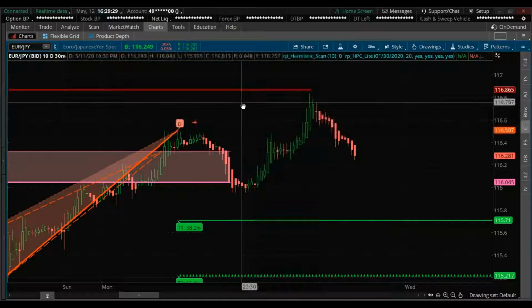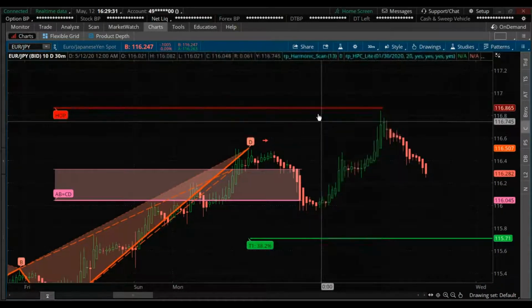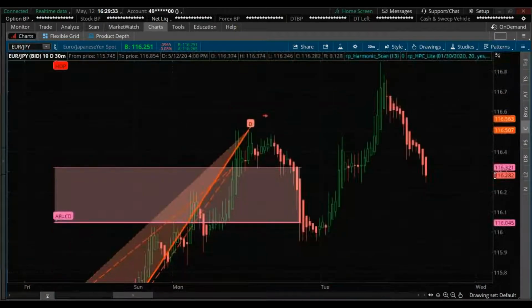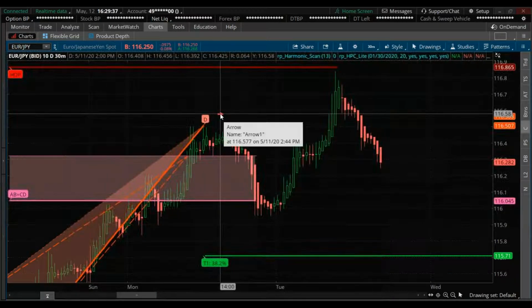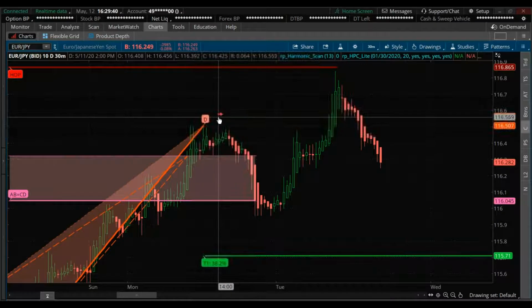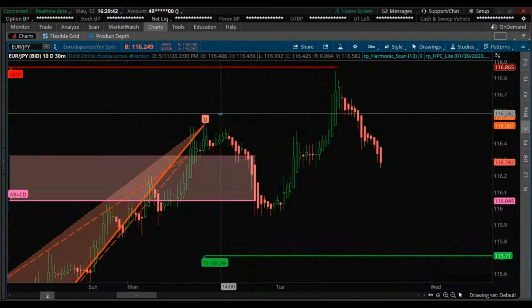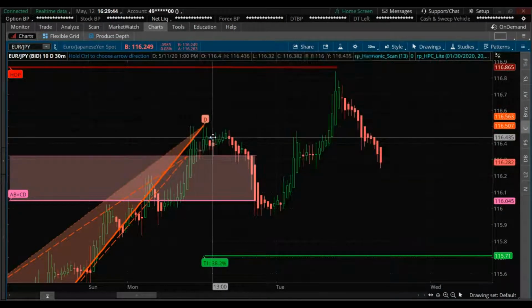That's something to really consider: most pattern opportunities are going to give you two shots, and on that first opportunity, once we're up here at the D point, we start looking for that reactive move right in there.